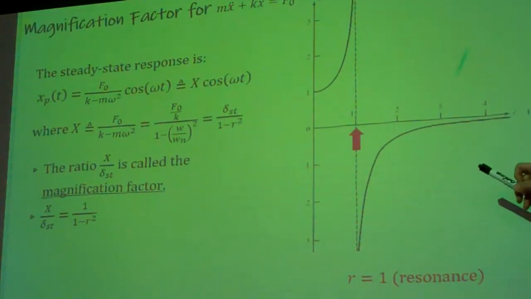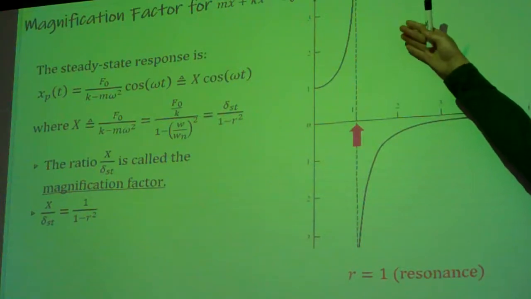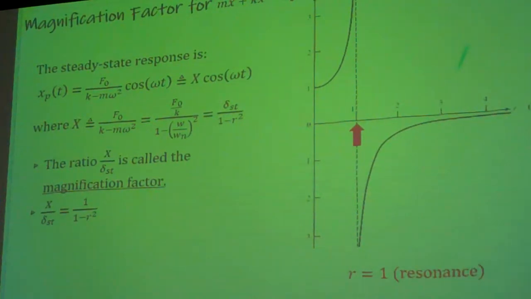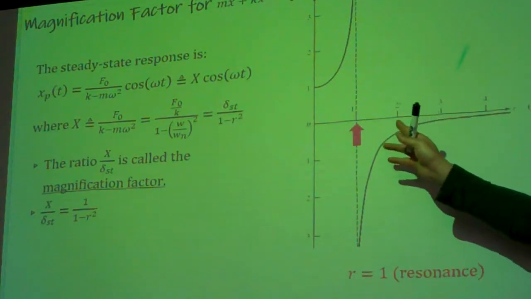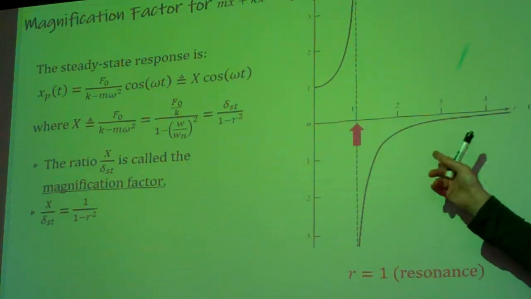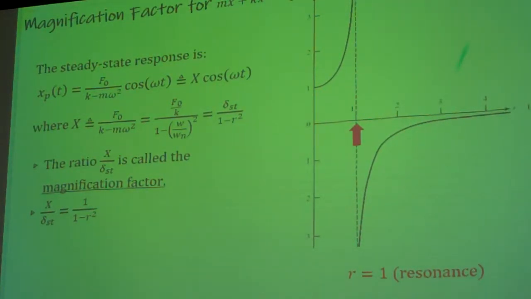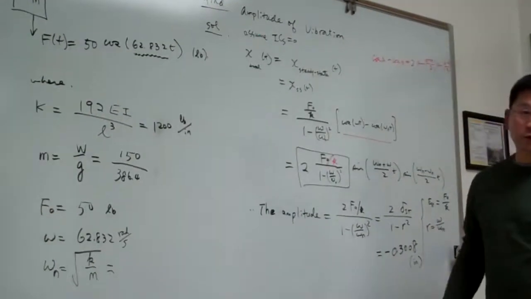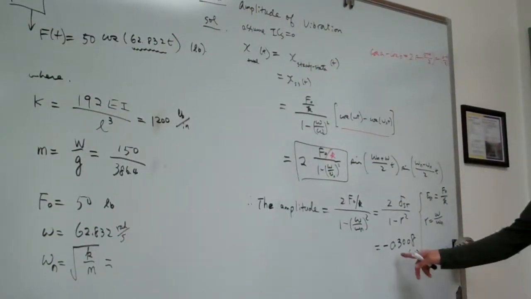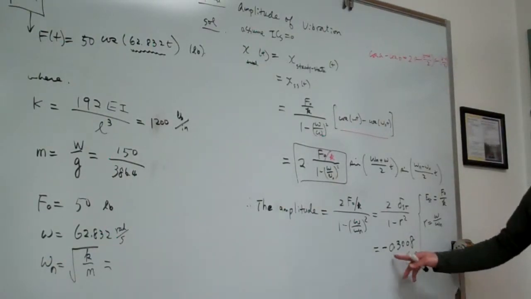From this curve we can see that it occupies the positive Y value or negative Y value. And right now for our case, the working frequency is such that R is greater than 1. So under that case, we expect the calculation result for this multiplication factor to be negative. Combined with the multiplication of this term, it gives us the amplitude. And here the calculated amplitude, if we make no mistake, comes out negative.